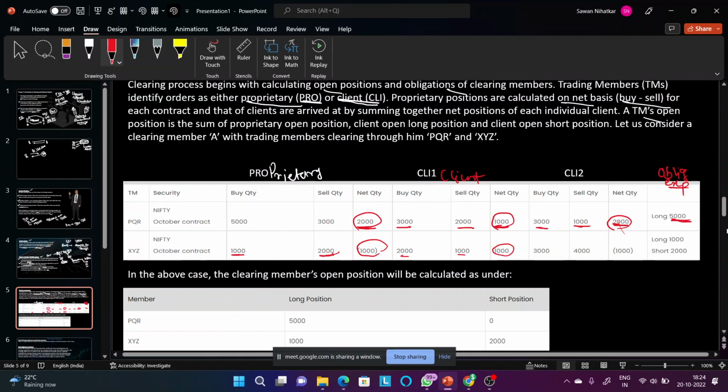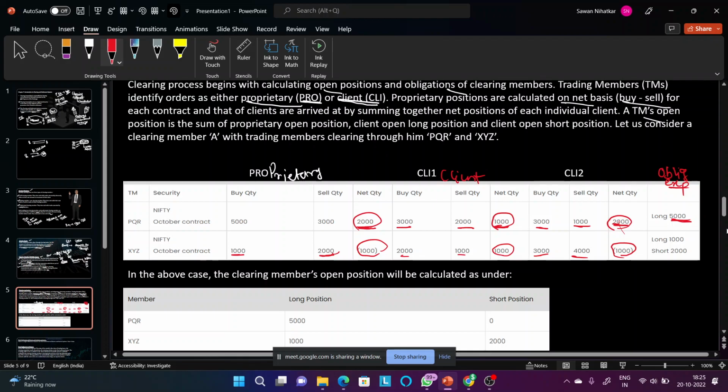And apart from that, here again you have buy quantity of 3000, sell quantity of 4000, so overall a short of 1000. So what will happen here? We have a combination of net quantity which is overall short and overall long.